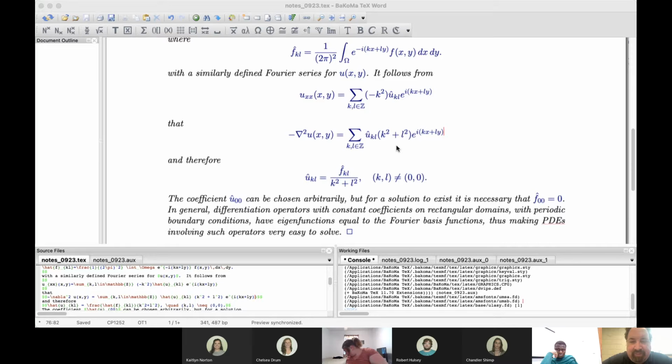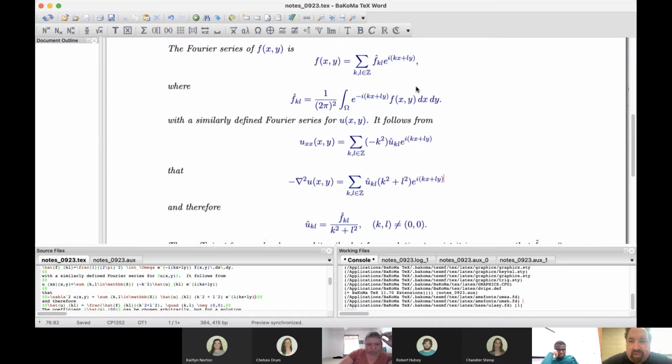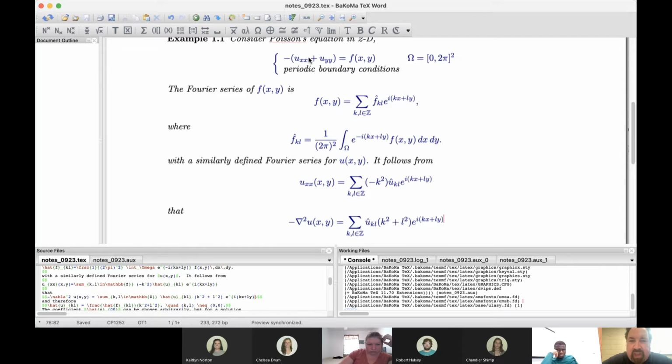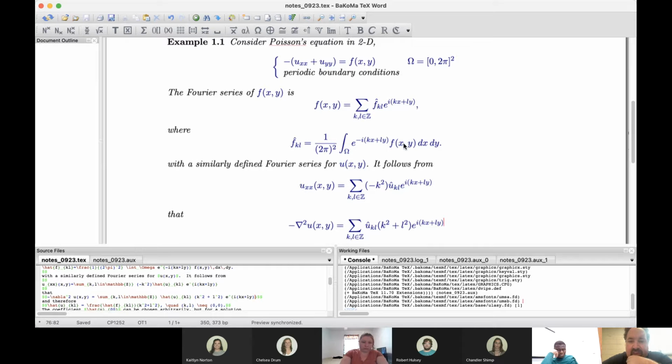But we've learned a lot about it. That's really the goal of my research program, to try to extend the ease of solution using spectral methods to a wider class of PDEs than this narrow category here of rectangular domains, constant coefficients, periodic or homogeneous boundary conditions. Okay, so any questions about how this example was solved?